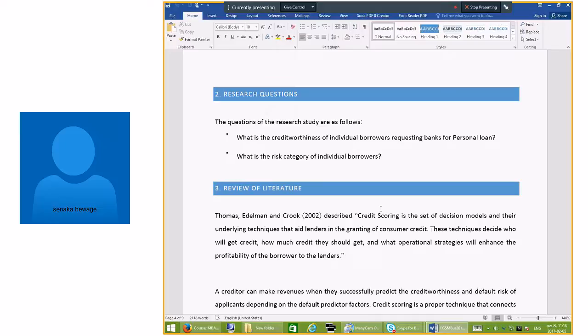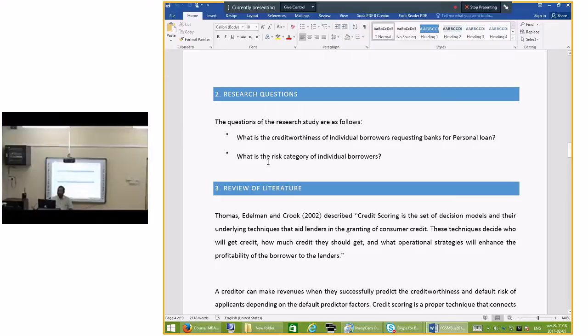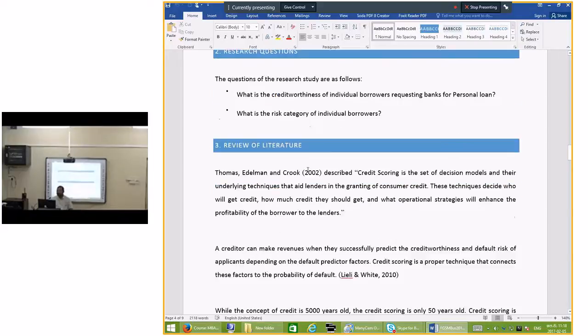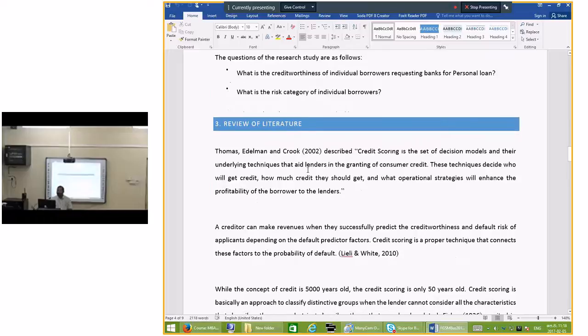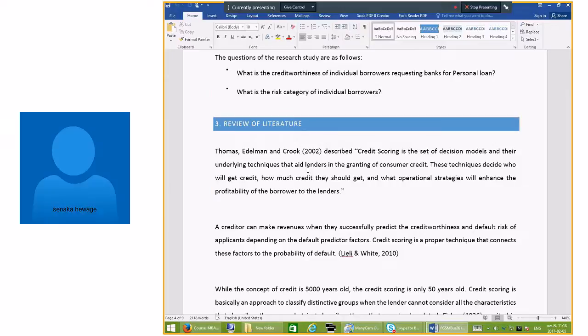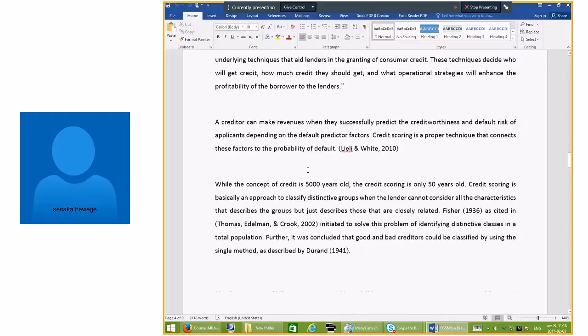The second thing is to develop the best credit scoring model for individual borrowers for those two banks, sir. You cannot. The question should be only one question: to evaluate the present credit scoring models used by those two banks. Okay. Literature review is okay.